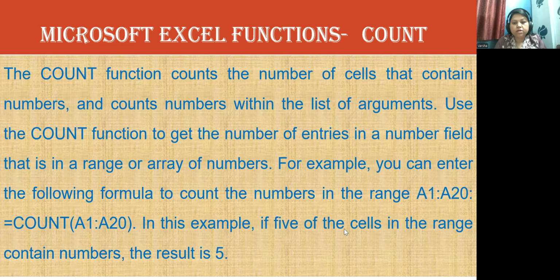The count function counts the number of cells that contain numbers, and counts the numbers within the list of arguments. Use the count function to get the number of entries in a number field in a range or array of numbers. For example, you can enter the formula count A1 to A20 to count the numbers in the range A1 to A20. If 5 of the cells in the range contain numbers, the result is 5.